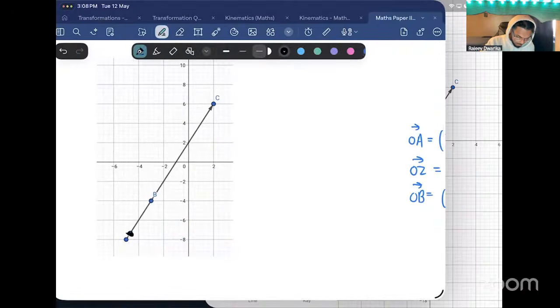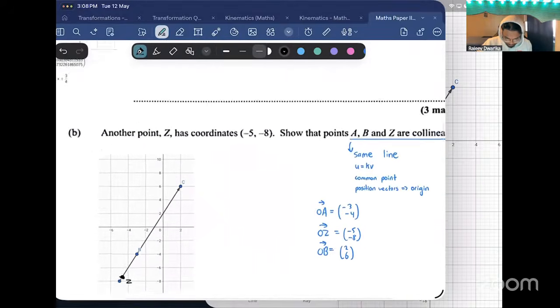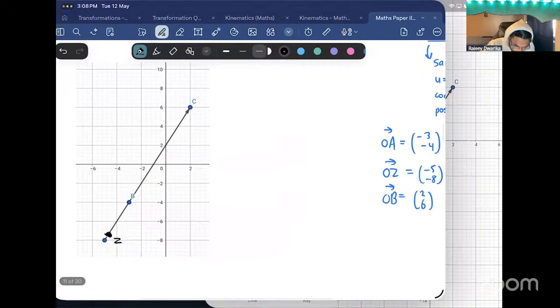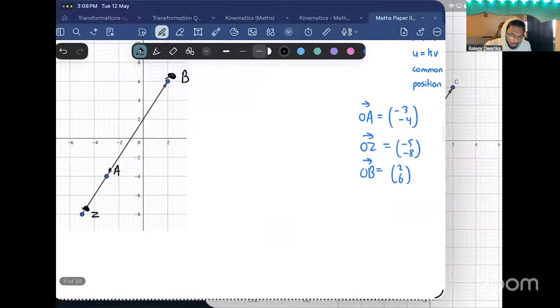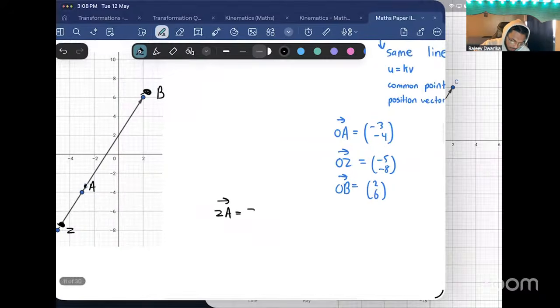Let me rename this quickly. This isn't A, that's actually Z. This is actually A, and this is actually B. Now let me find vector ZA. How would I find vector ZA? I would have to go from Z to O, and then from O to where?